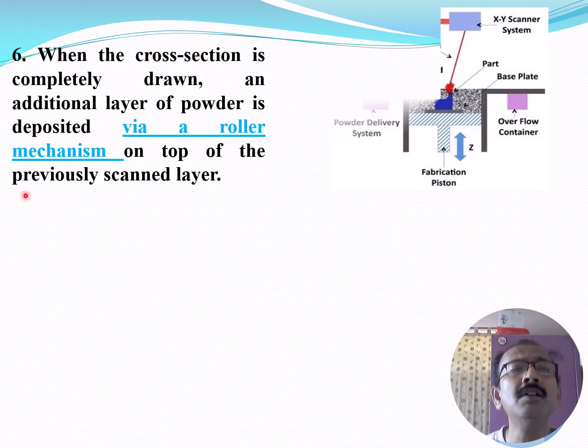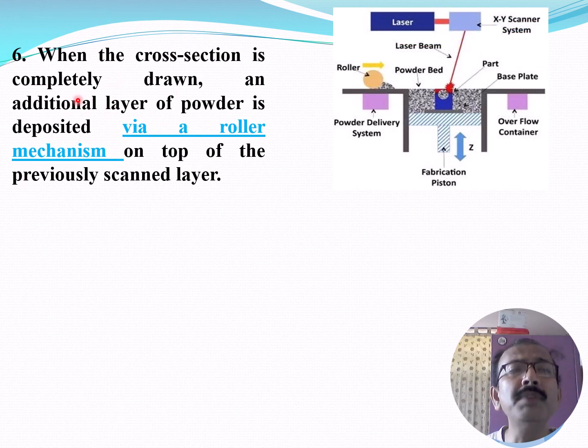Number six, when the cross section is completely drawn, an additional layer of powder is deposited via a roller mechanism on top of the previously scanned layer.